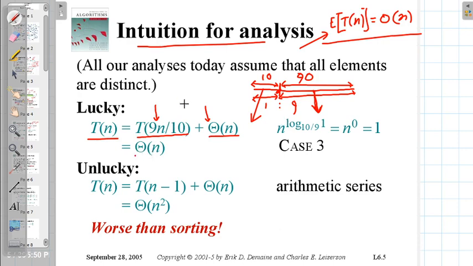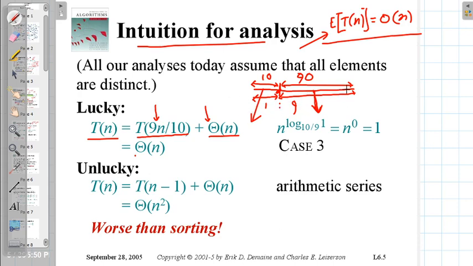This is an intuitive analysis if we have this kind of partition. But as we are dealing with expected running time, we are not sure whether it will be 1:9 every time.